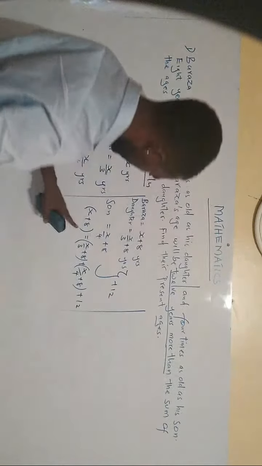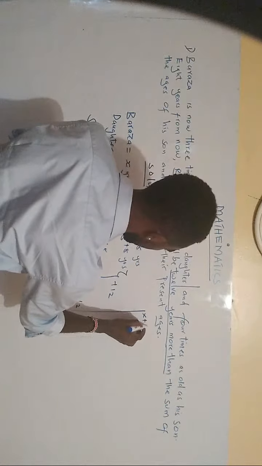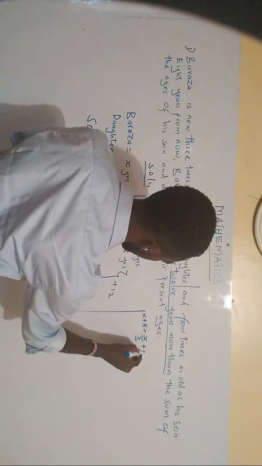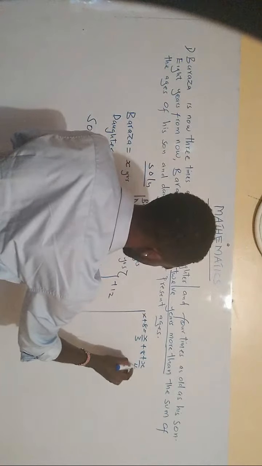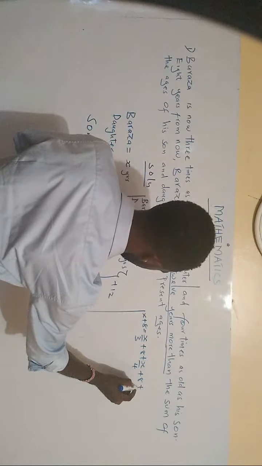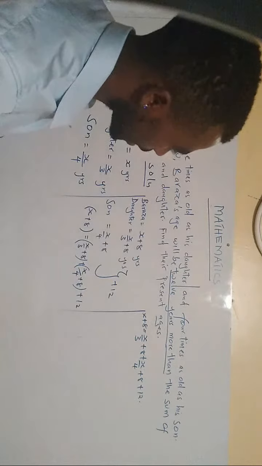So let's simplify it further here. x plus 8 is equal to x out of 3 plus 8 plus x out of 4 plus 8 plus 12. So we can group the like terms together.